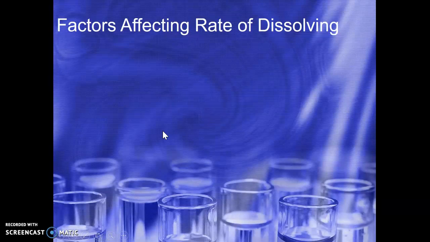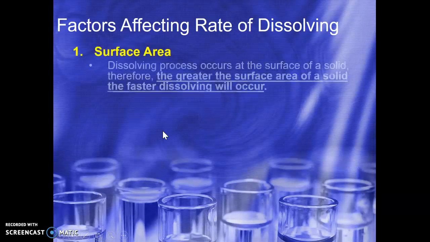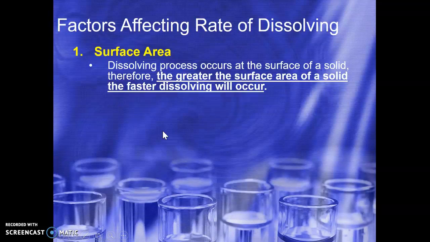So there are a couple of ways that we can increase the rate at which things dissolve. One of those ways is to change the surface area. You should have noticed in the animation that the dissolving process occurred at the surface of the sodium chloride. So if we increase the amount of surface area exposed to our solvent, we can speed up the rate of dissolving.